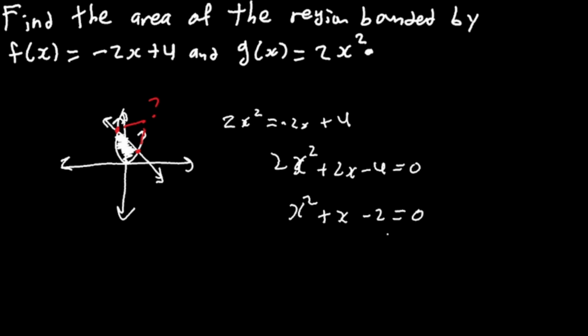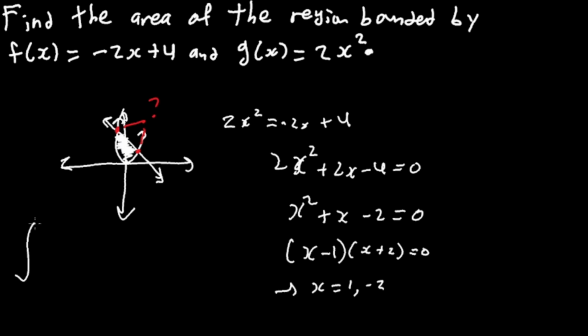So what multiplies to negative 2 and adds to 1? Well, I think of negative 1 and 2. So this would become x minus 1 times x plus 2 is equal to 0. So x is going to be 1 and negative 2. So those are our intersection points. This is just to find the bounds of our integral, pretty much. So that's going to be the bounds of the definite integral we set up.